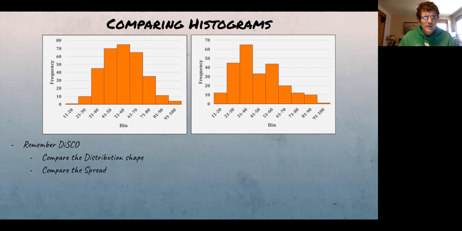So what is the range for the histogram on the left? This is almost a trick question, isn't it? Anyone have a thought?